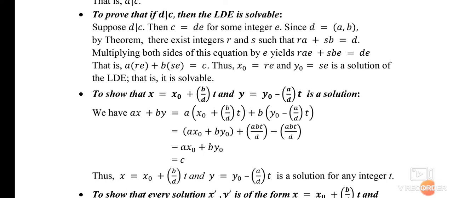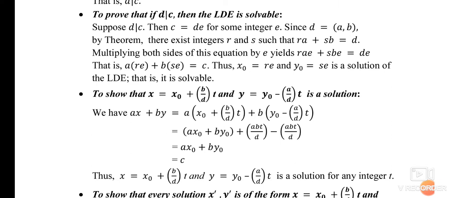So, ax plus by equals a into x naught plus b by d into t, plus b into y naught minus a by d into t. We multiply a and b and group the terms. So we get ax naught plus by naught plus abt by d minus abt by d. So abt by d minus abt by d will be cancelled.